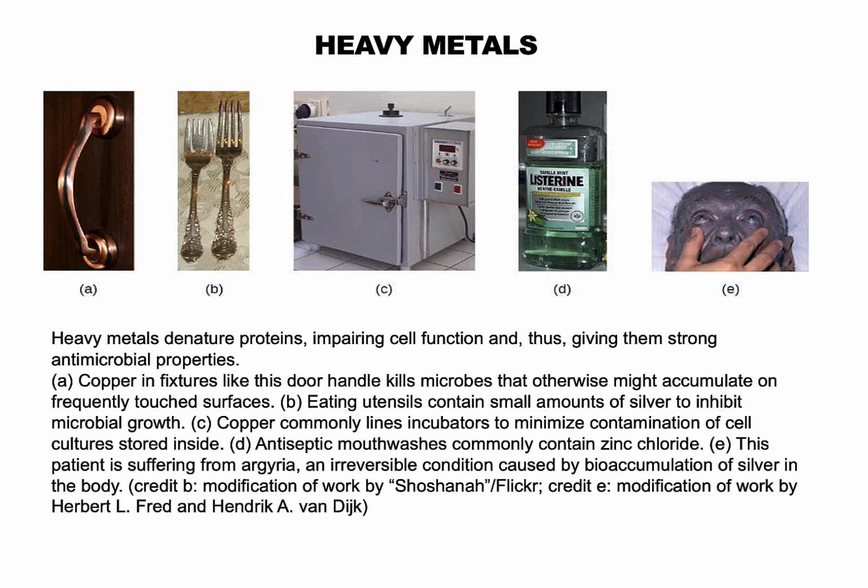However, heavy metals are not selectively toxic to microbial cells. They can also bioaccumulate in human and animal cells. Excessive concentrations may have toxic effects on humans, such as silver accumulation leading to argyria, a condition that causes the skin to turn irreversibly blue-gray.